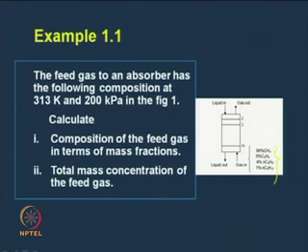These are at 313 Kelvin and 200 kilopascal pressure. Now, we have to calculate the composition of the feed gas in terms of mass fraction and the total mass concentration of the feed gas.